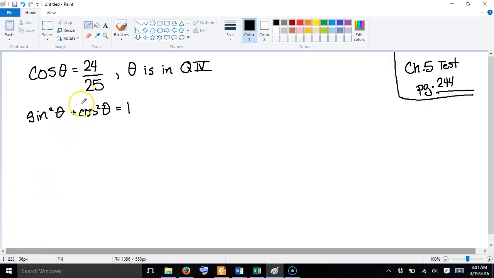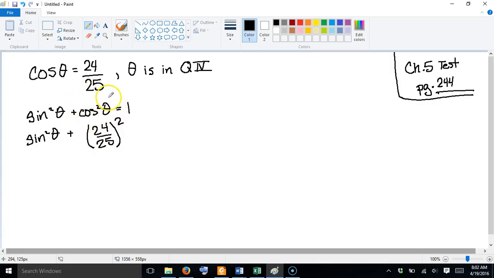Okay, so how we use this is we solve for sine of theta by plugging in our cosine theta in here. It's 24 over 25. And some of you have been forgetting to do this right here. Square this number, okay?